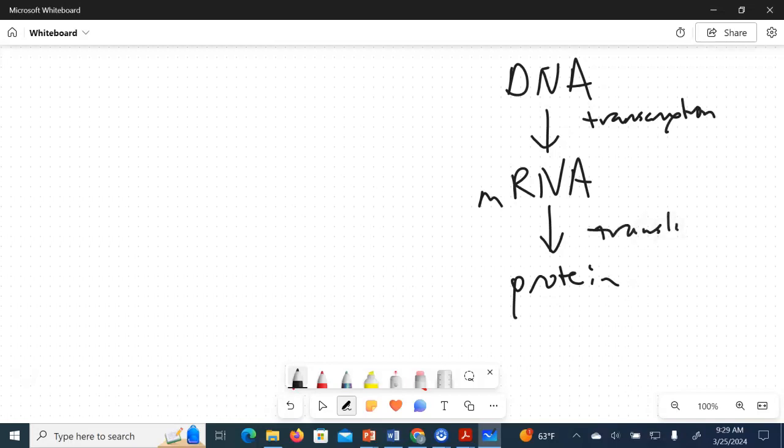Translation takes place at the ribosomes, making proteins from that messenger RNA code. That's translation. Make sure that you've got that idea as well. DNA, RNA, protein, transcription, translation.